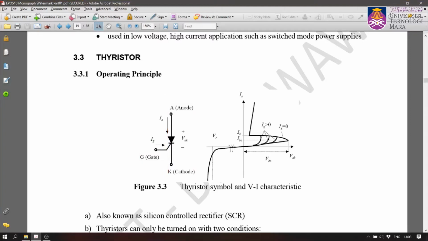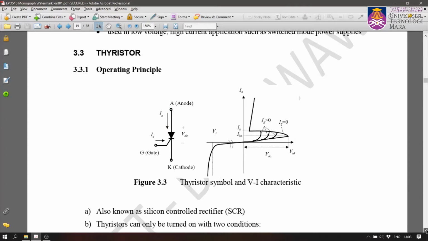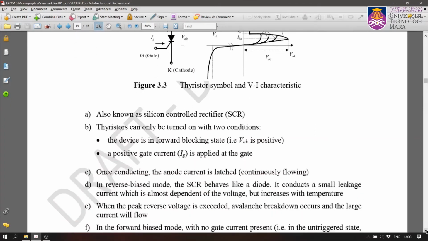It is also known as a silicon controlled rectifier. A thyristor can only be turned on under two conditions. The device must be in the forward blocking state, so you must make sure that the thyristor is forward biased, and you apply the gate signal. Then you can turn on the thyristor.